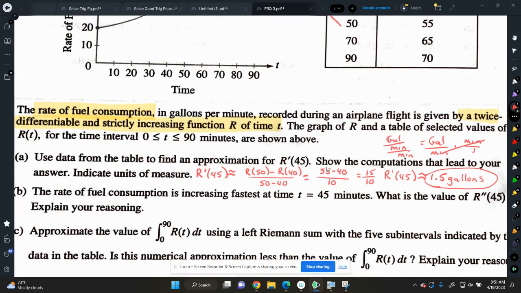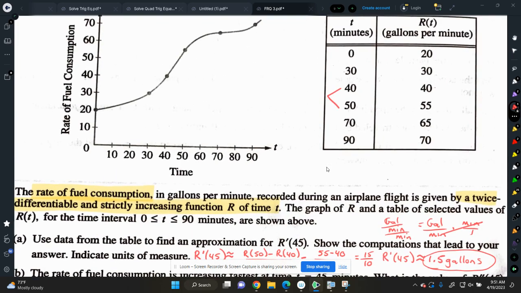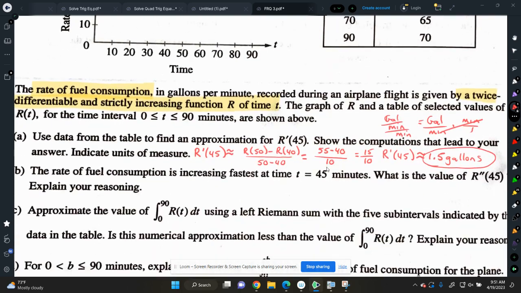Let's think. It says that it is twice differentiable, and it's always increasing. So since it's always increasing, R prime at 45 must be greater than 0.